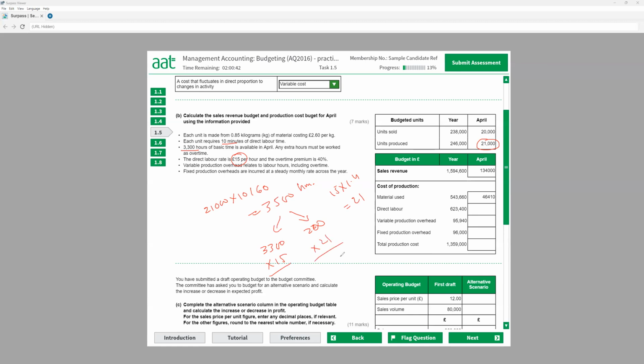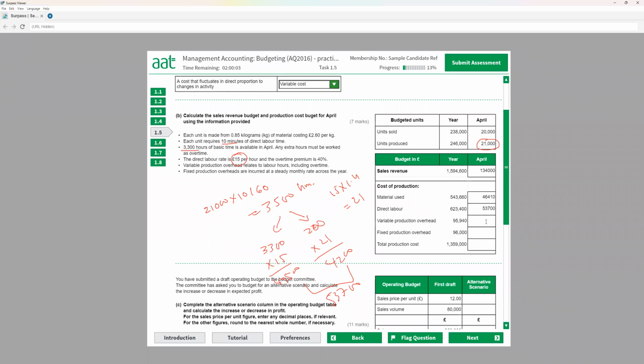So 3,300 times 15 gives me 49,500, and 200 times 21 is 4,200. So 4,200 plus 49,500, that's 53,700. So my direct labor is 53,700.